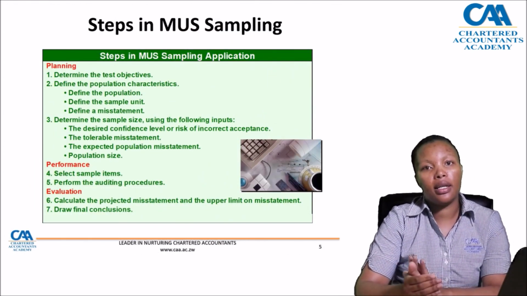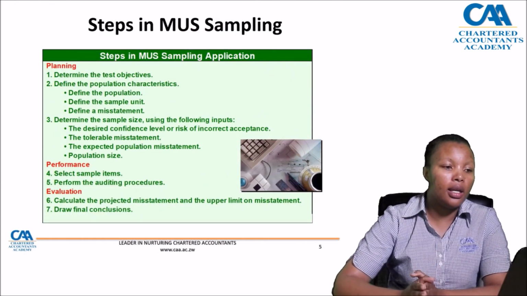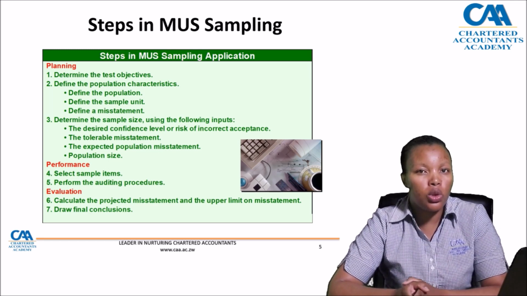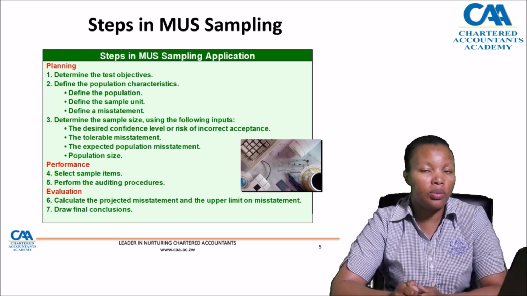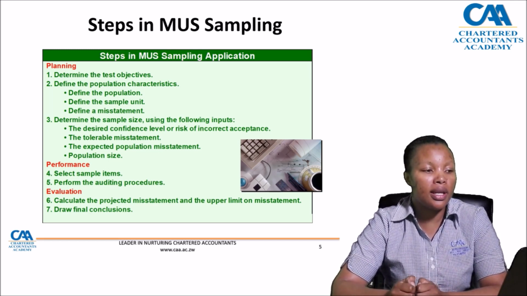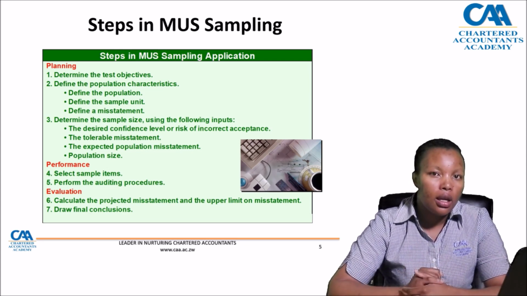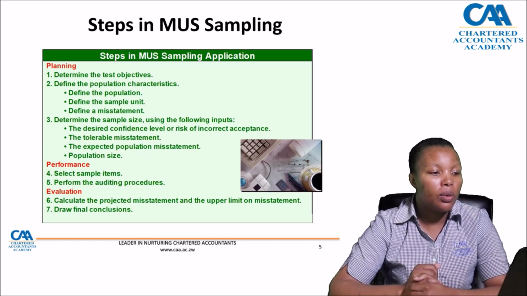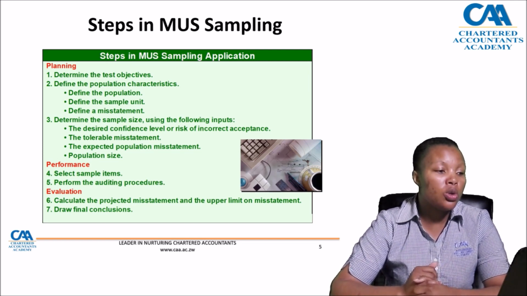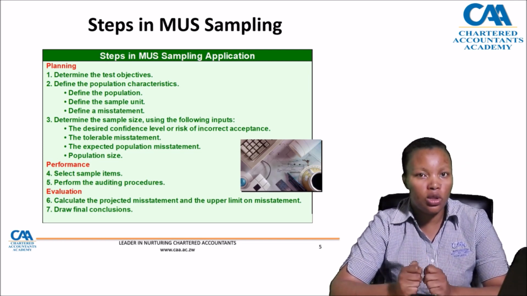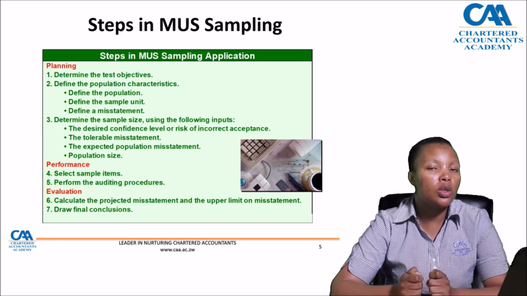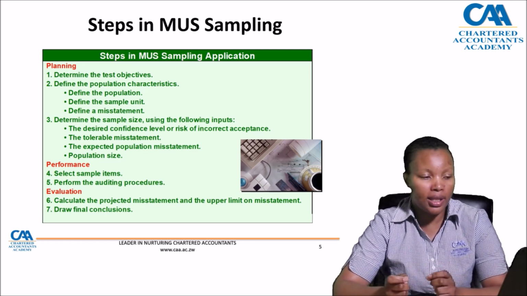So if you look at the steps that you take, because it uses the same theory as attribute sampling, you find that the steps are just the same. Firstly, as with attribute sampling, with monetary unit sampling you also determine the test objectives, but we'll go into detail on what the objectives are.